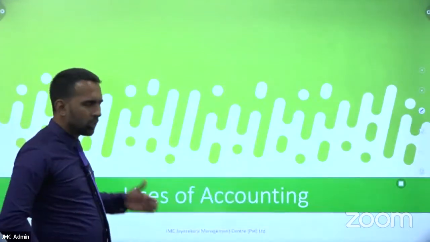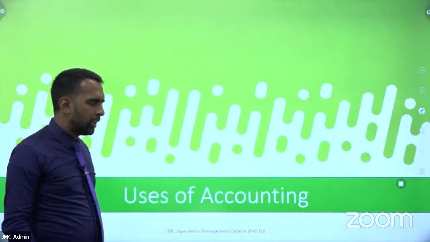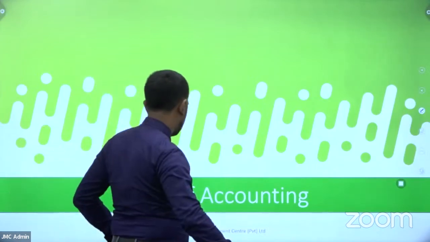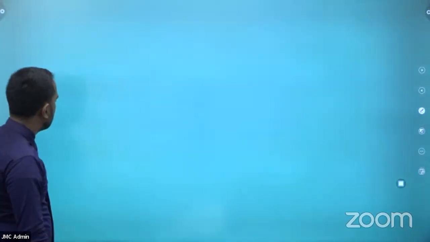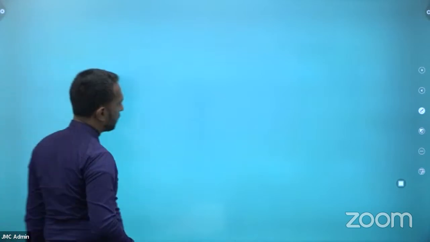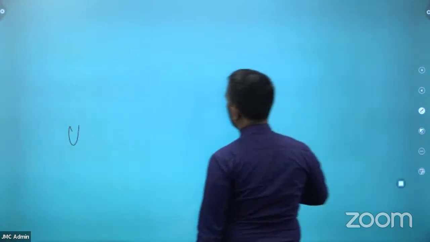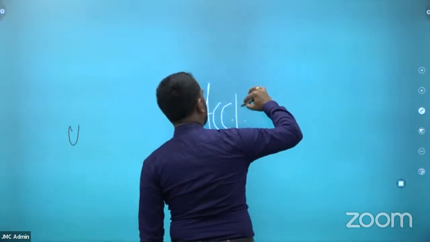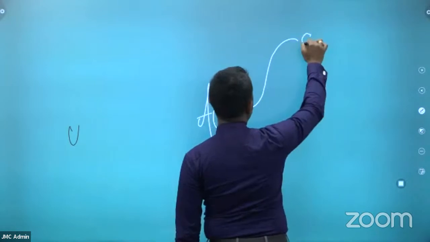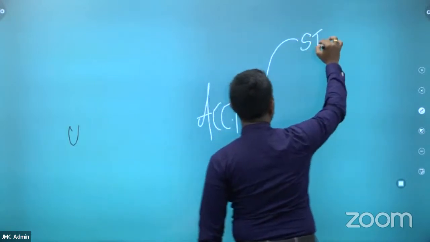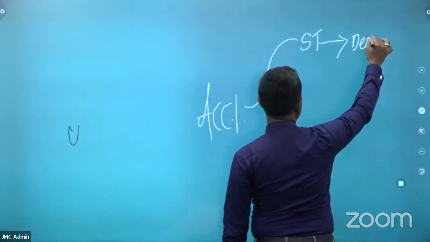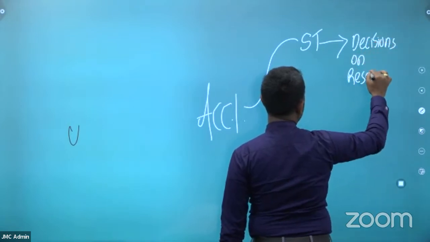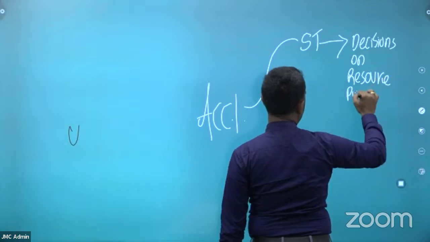I know I'm not going to put much stress on the uses of accounting. ගිණුම්කරණයේ තියෙන භාවිතයන් ගැන this we already know. ඒක අපි දැනටම දන්නවා. Right? So if you look at the uses of accounting, we know that accounting can be used by the stakeholders for them to take decisions on resource provision.